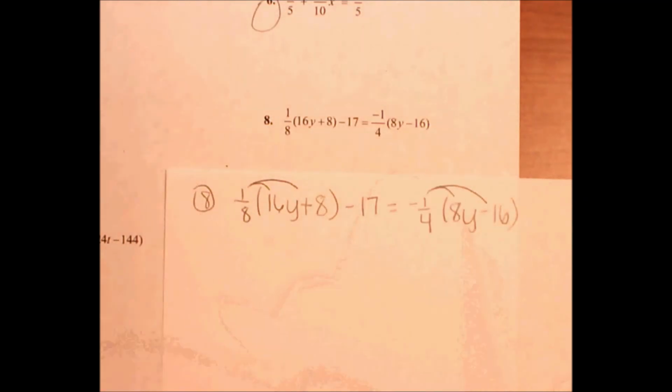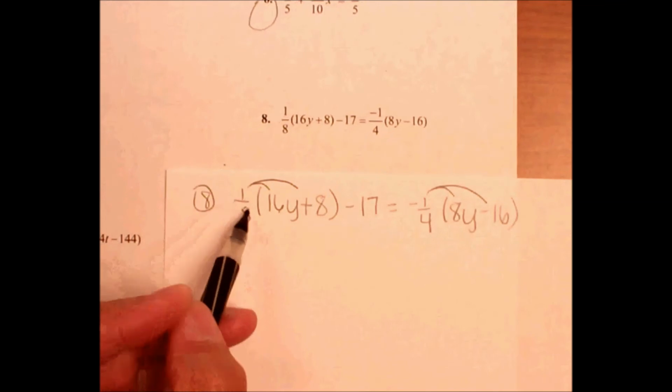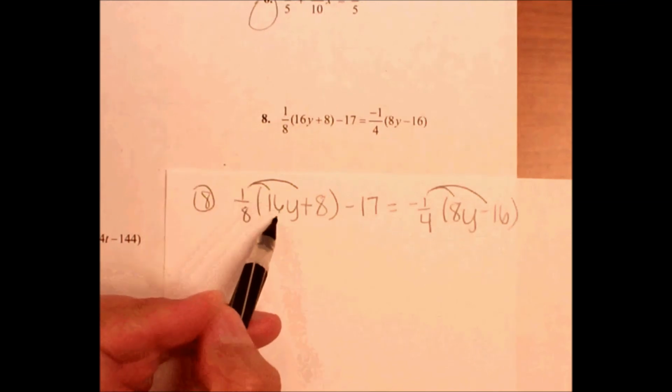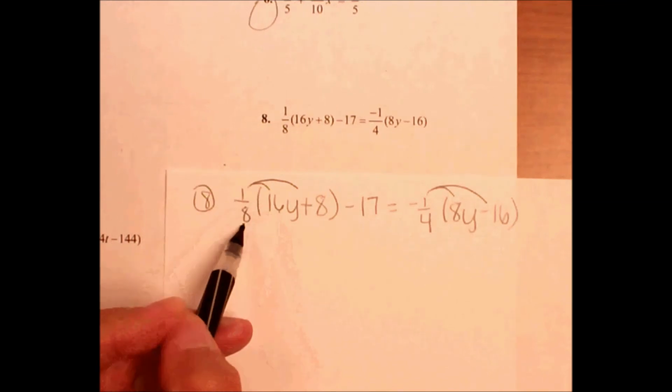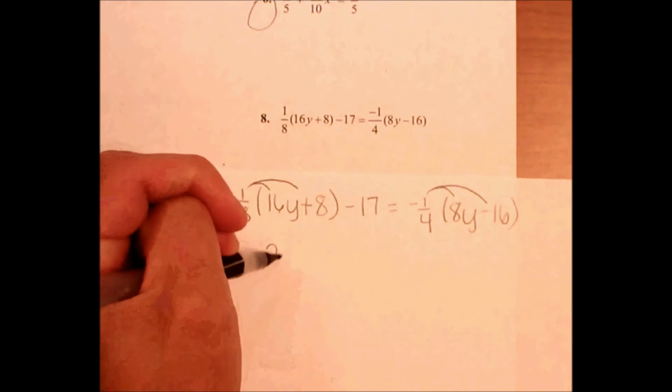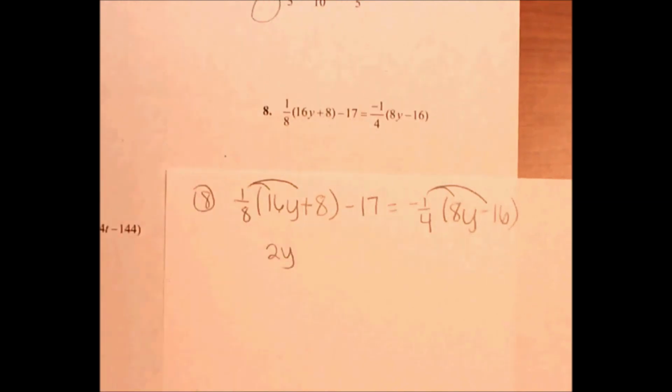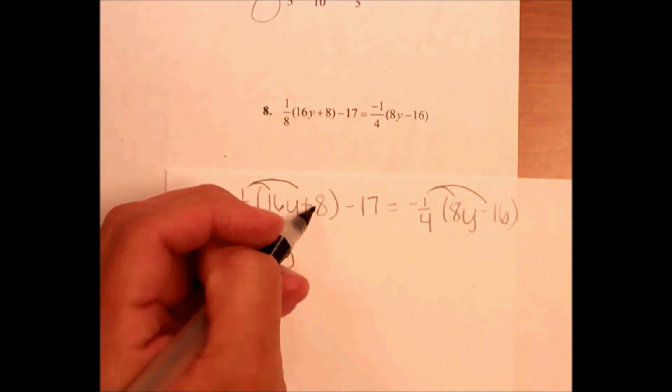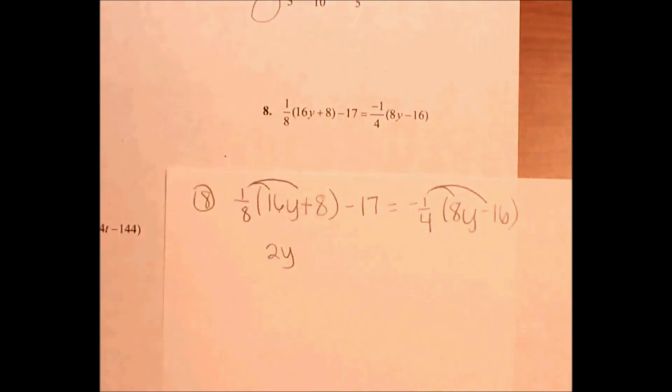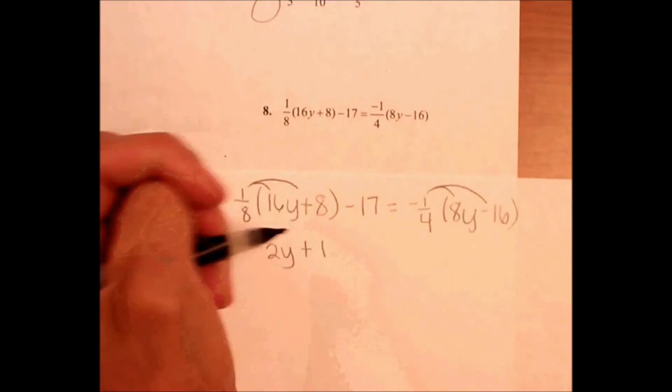Or you can distribute. So if I multiply 1/8 times 16, that's like saying 16 divided by 8, which is 2y. Then I multiply 1/8 times 8, and that's the same thing as saying plus 1.